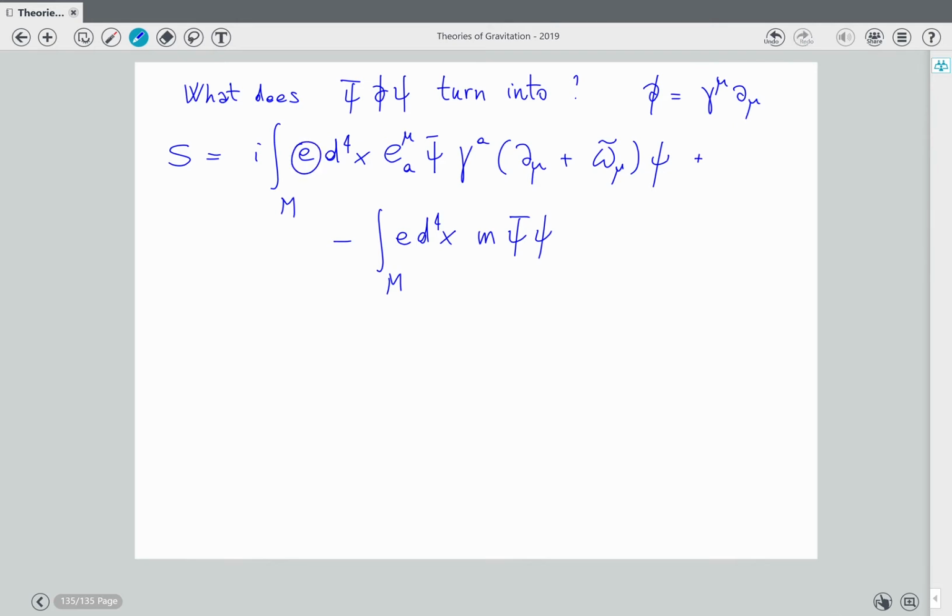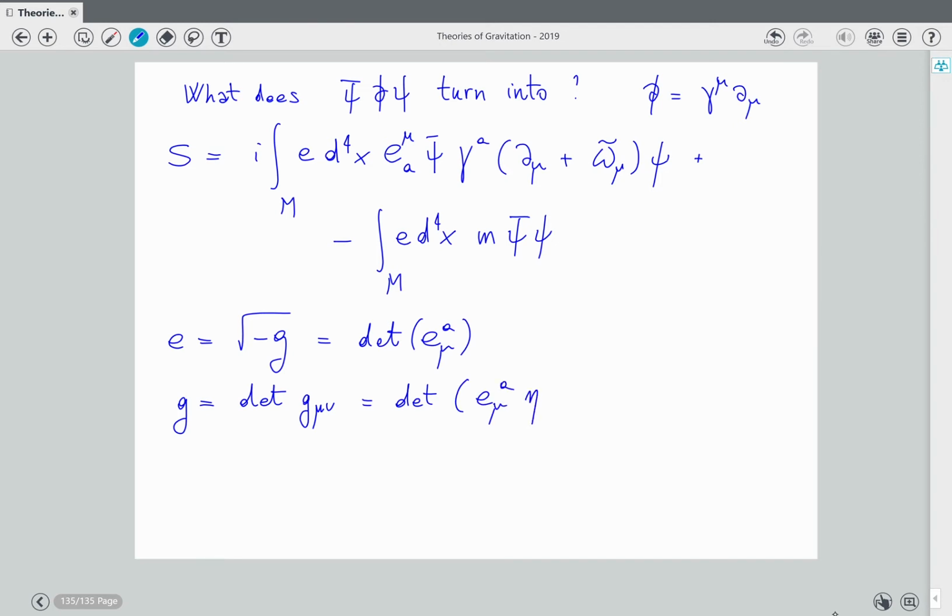What is E? E is the square root of minus g, but here it is written as the determinant of the vielbein itself. So everything here is written by means of the vielbein. Recall that g is the determinant of g mu nu, but g mu nu is equal to E mu A eta AB E B nu.